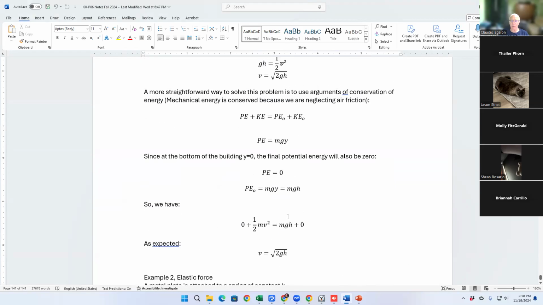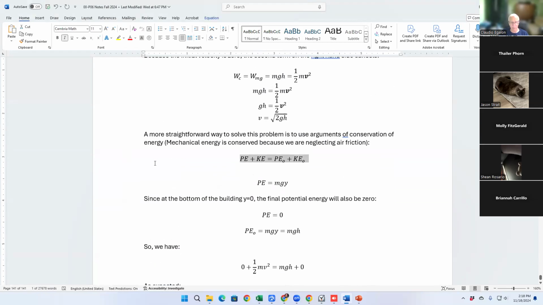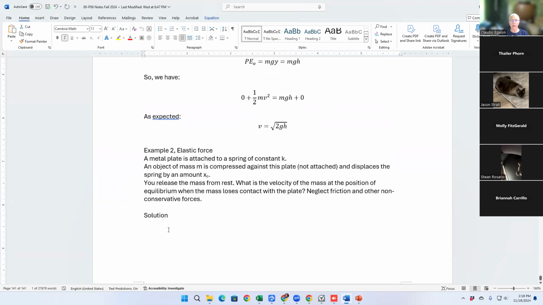Because we are neglecting non-conservative forces and friction, friction being one of the non-conservative forces, we can use the argument of conservation of energy: final potential energy plus final kinetic energy is equal to initial potential energy plus initial kinetic energy. The potential energy of the spring is half kx squared, where x should be the final position of the mass.